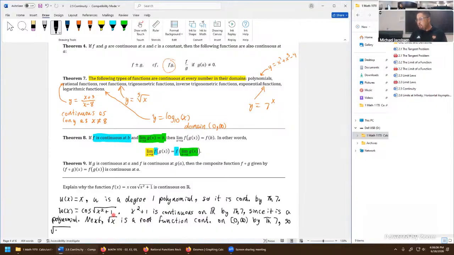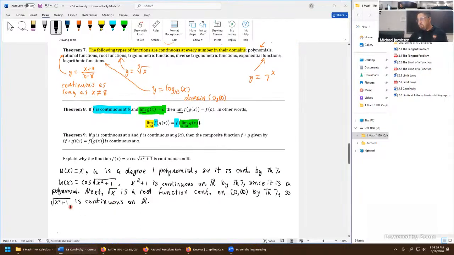So root x squared plus 1 is continuous on R. Again, this one's still continuous on all real numbers because the input x can be any real number whatsoever on this entire composition here.